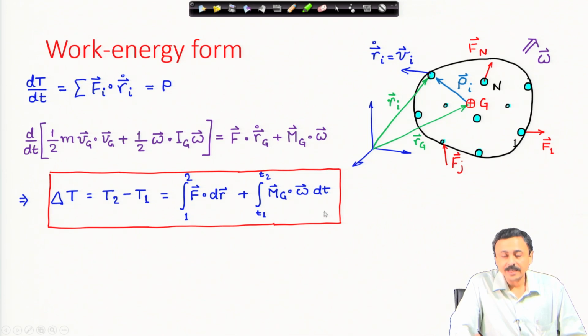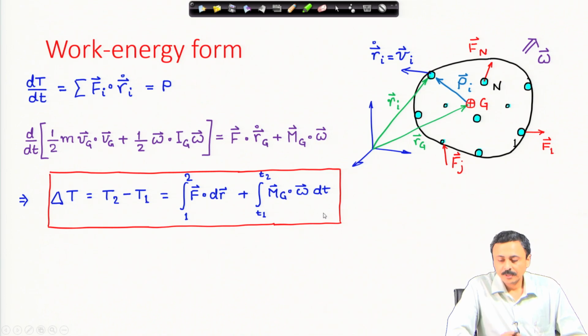And the second integral, Mg dot omega dt, I have not written here omega as some theta dot k cap. If I do, then I can write as Mg d theta.